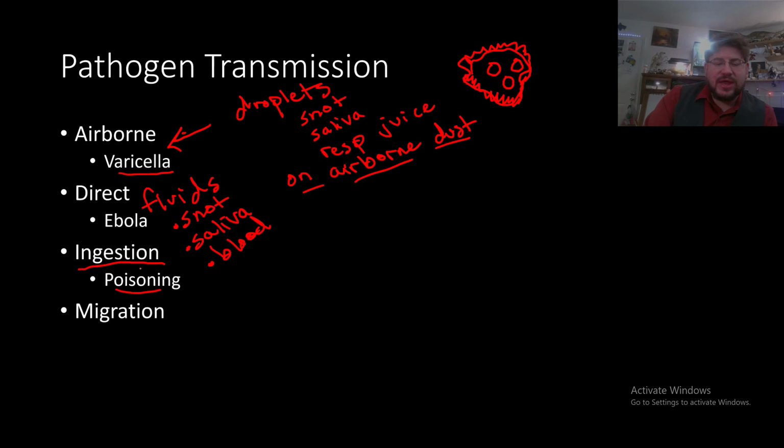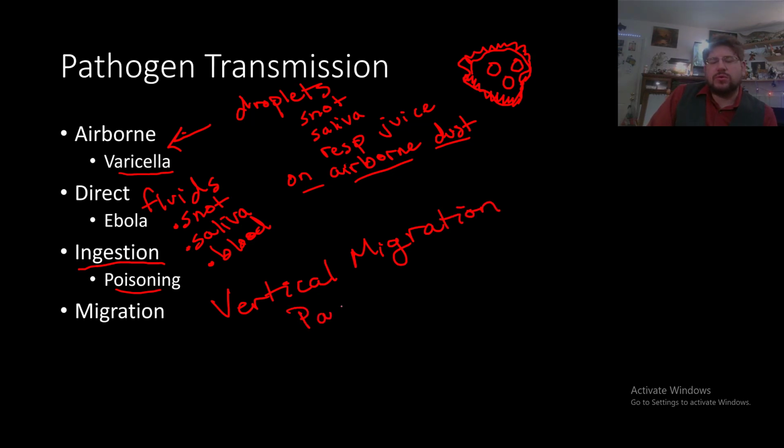Then we have migration, specifically vertical migration. What does that mean? Vertical migration is when you transmit a pathogen from parent to child.